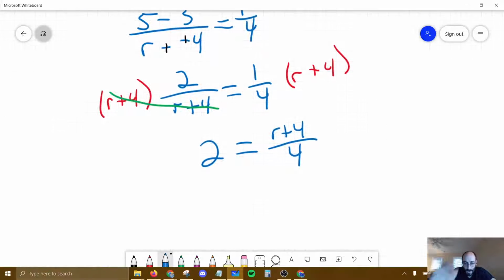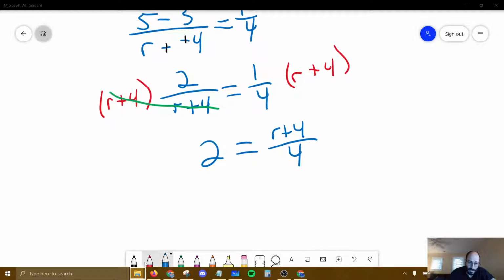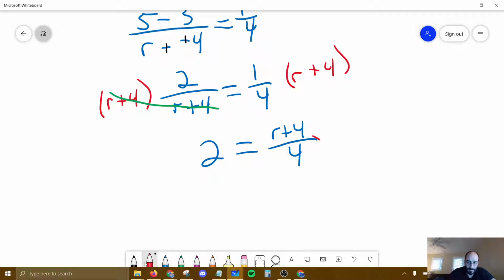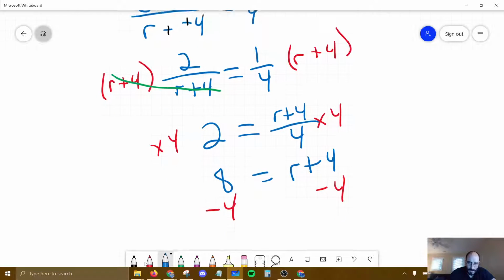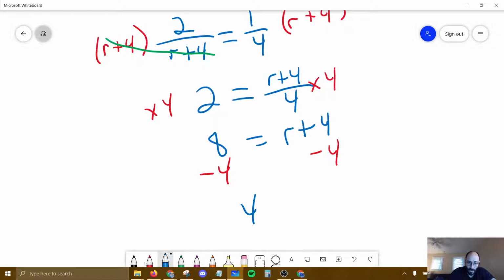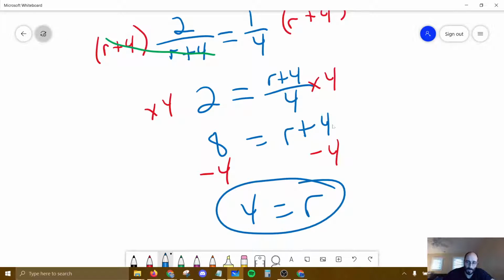Okay, now I want to multiply both sides by 4, the denominator. Okay, and I'm going to get 8 equals r plus 4. And now I want to subtract 4 from both sides. And I get 4 equals r. Okay, so that's one way to figure out the missing point.